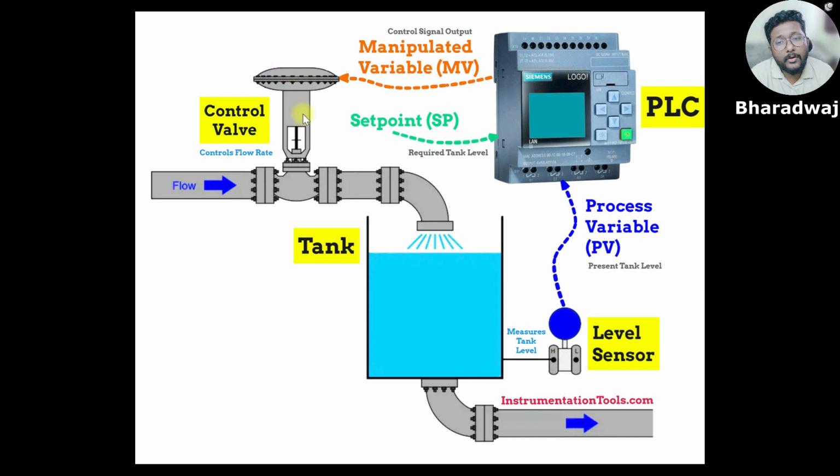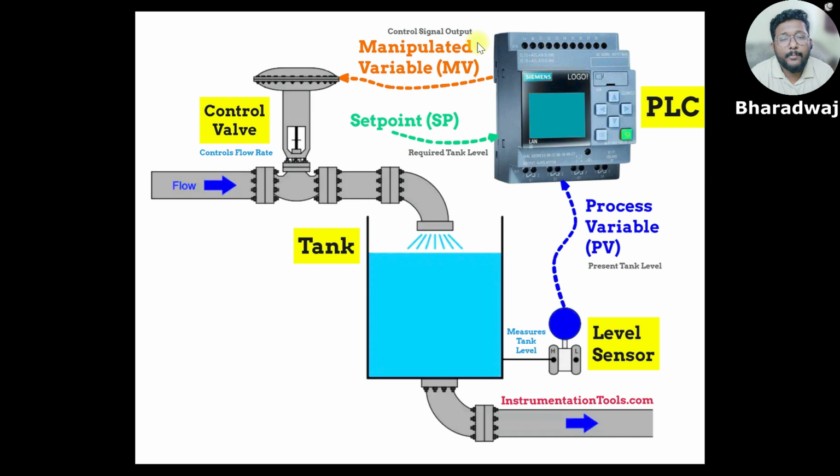So the control valve will receive a command from the PLC. This command we will call the manipulated variable, MV, nothing but the control signal output.